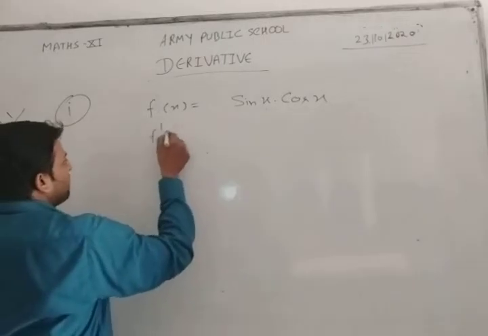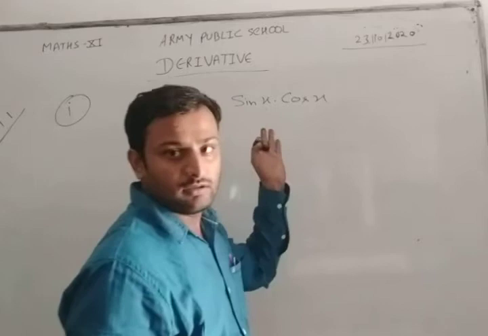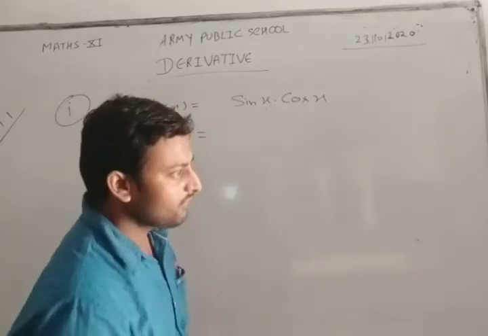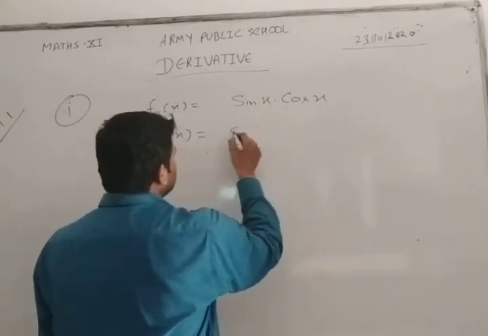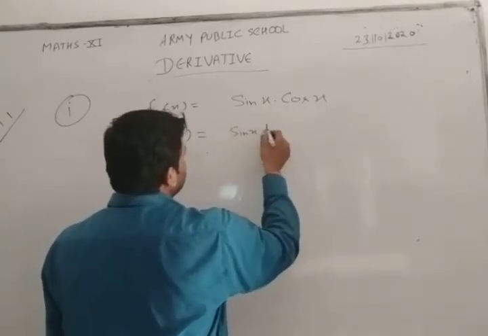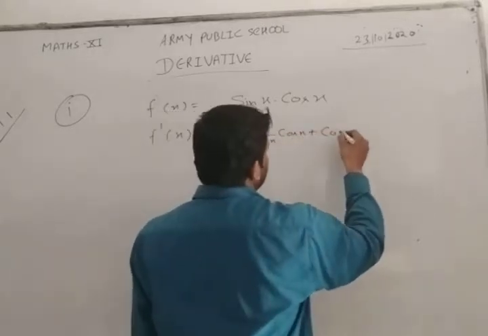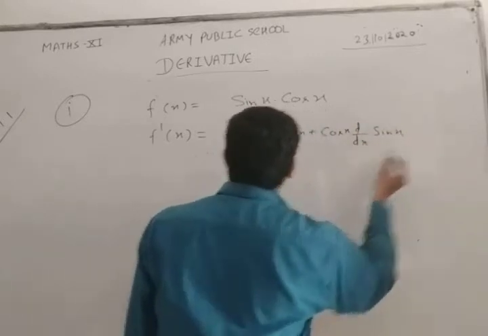So f'(x) is equal to, we know that this is a product of two functions. So we apply the formula: first function into differentiation of second function plus second function into differentiation of first function.